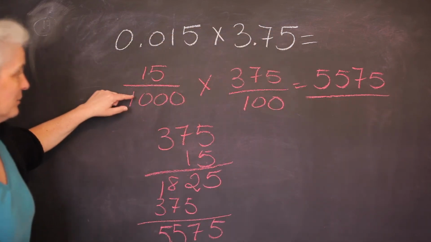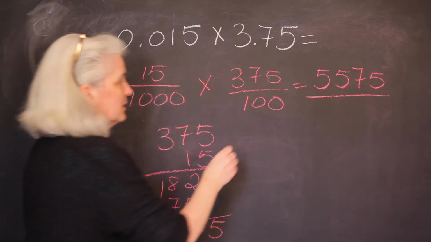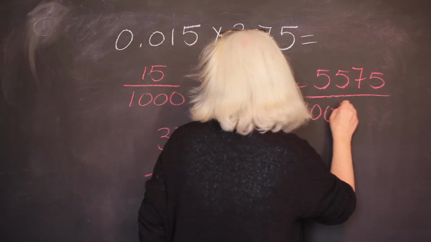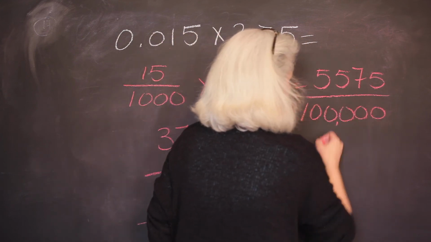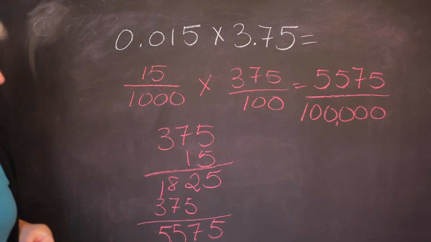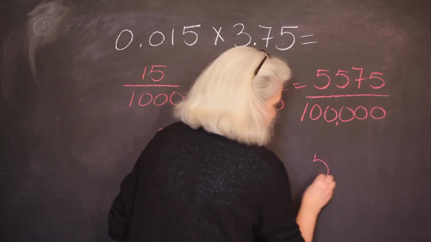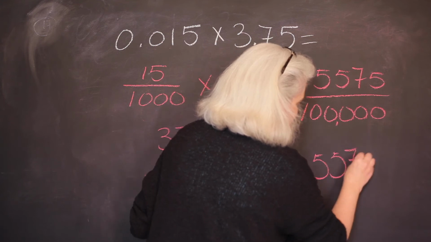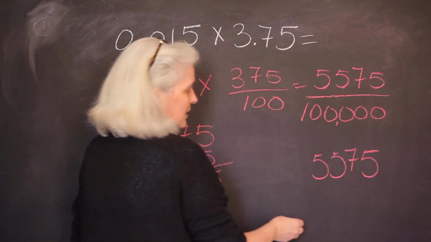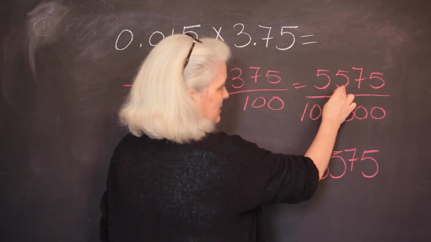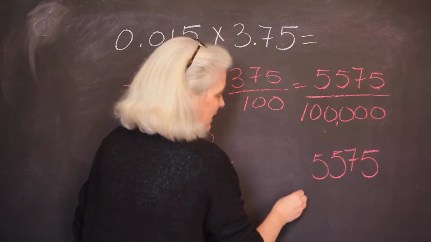But then I would have to multiply 1,000 times 100, which gives me 100,000. So if I want to write this as a decimal, this is 5,575 over 100,000.